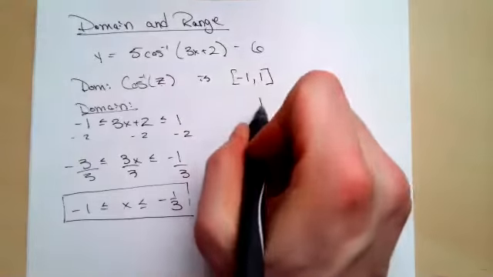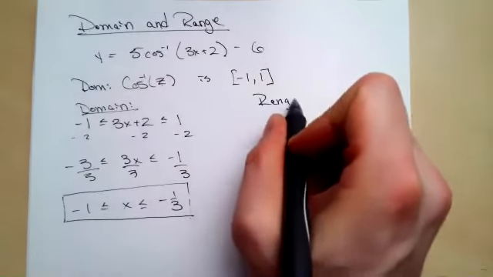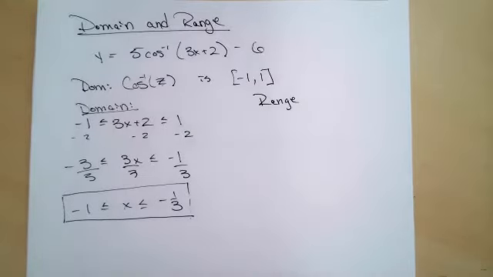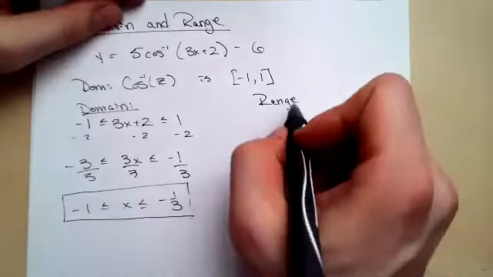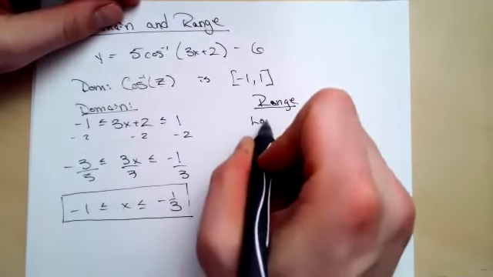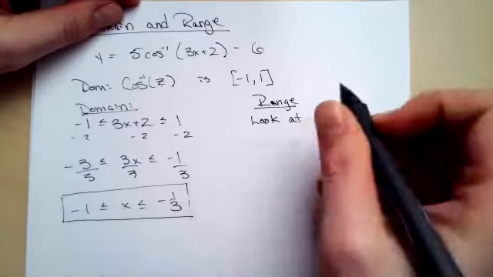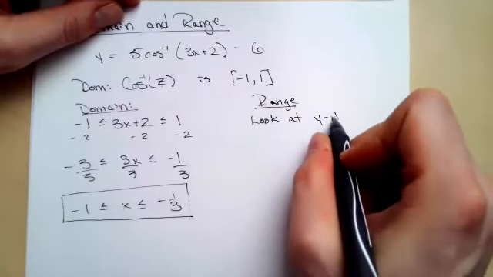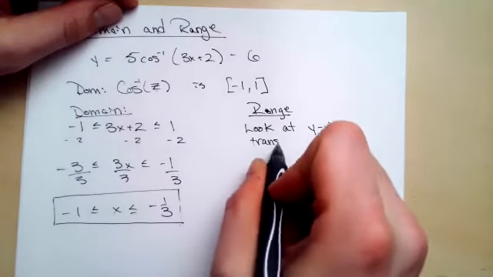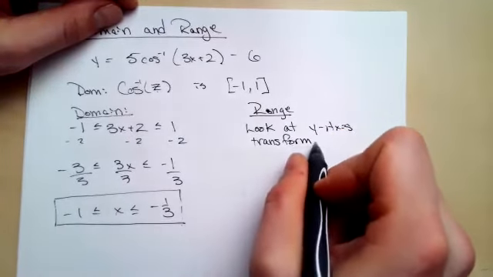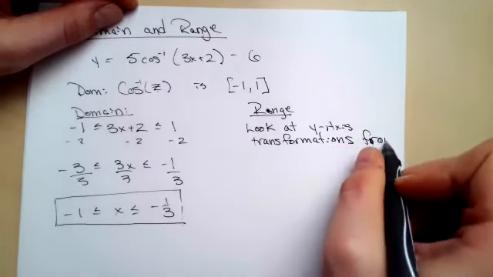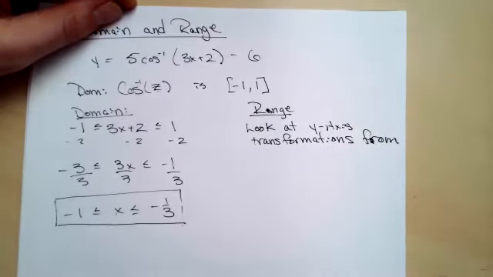The range is a little different, and I think the range is a little tricky for some of you because sometimes it's not as straightforward of a problem-solving process. You have to kind of just intuit what's going on. We want to look at the y-axis transformations from whatever the parent function is.